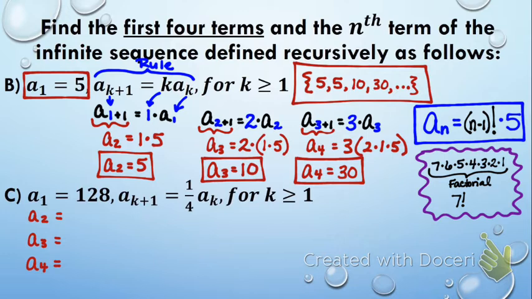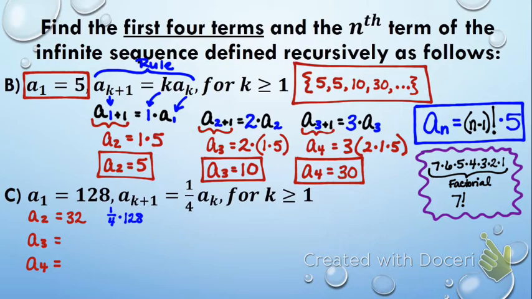What is the second term in the sequence? 32. How did you arrive at 32? I took 1/4 of 128. 1/4 times 128.